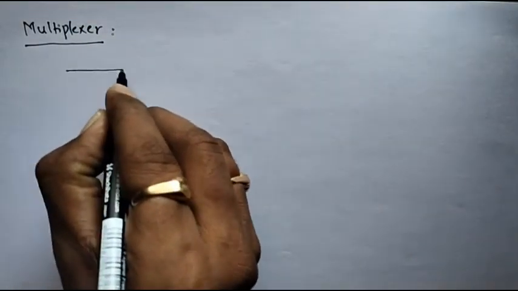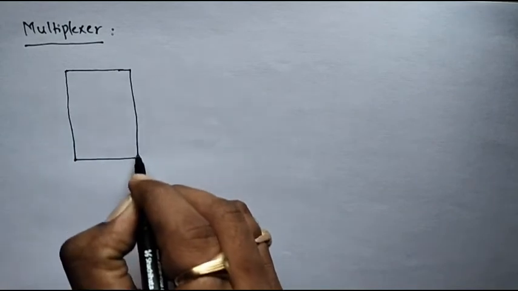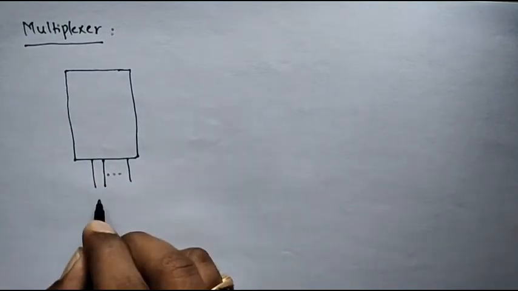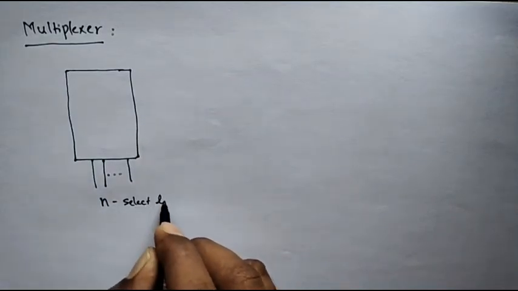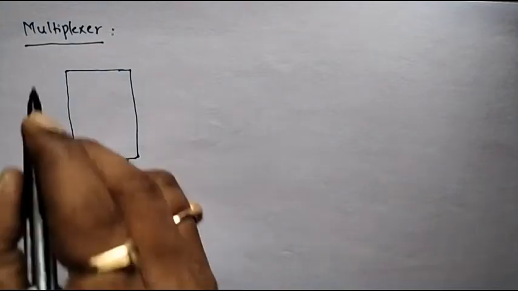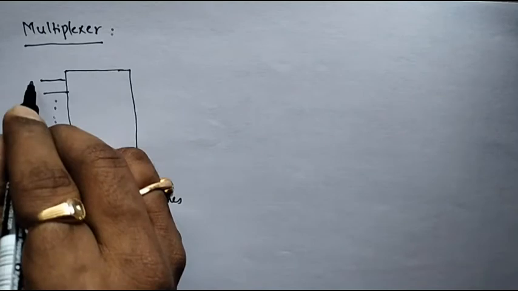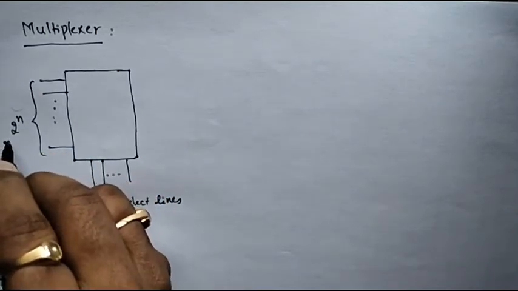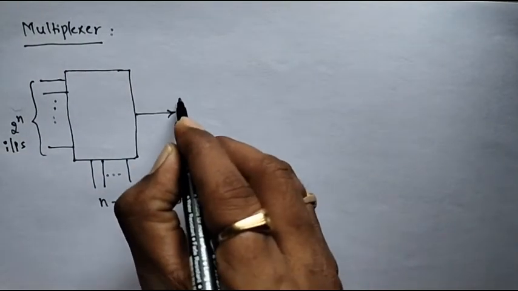In general, a multiplexer has n select lines and 2 power n input lines, and it has only one output.